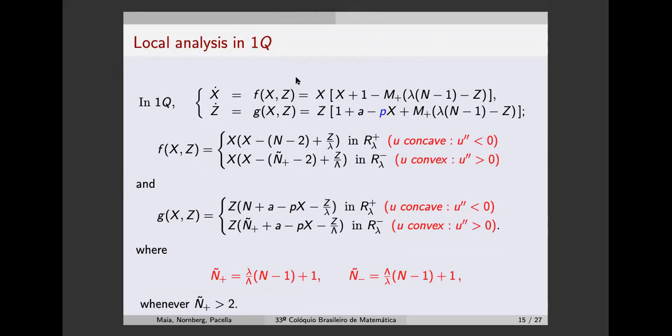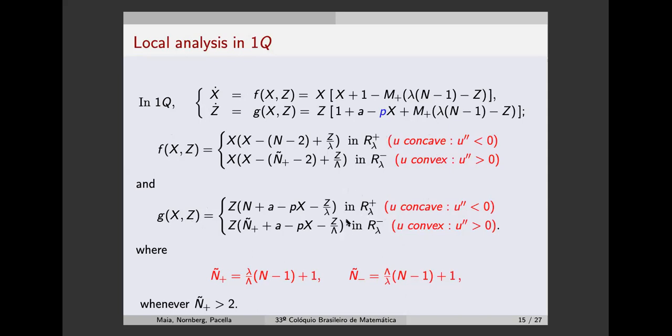So each one of these has a different expression depending on whether you are in the region R plus or R minus in the xz plane in the first quadrant. The same for g. g has two expressions depending on whether you are up or down with respect to the horizontal line z equals lambda n minus 1.